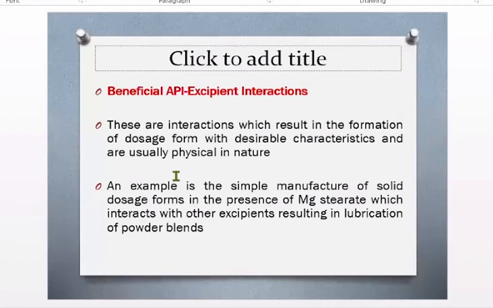An example that we have given is simple manufacture of solid dosage forms in the presence of magnesium stearate, which interacts with other excipients, resulting in lubrication of powder blends. We've listed this magnesium stearate as a hydrophobic lubricant, one of the most commonly used.